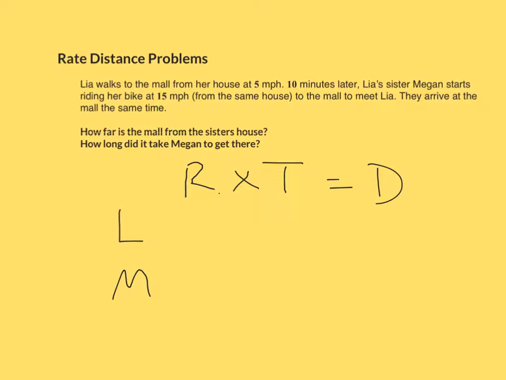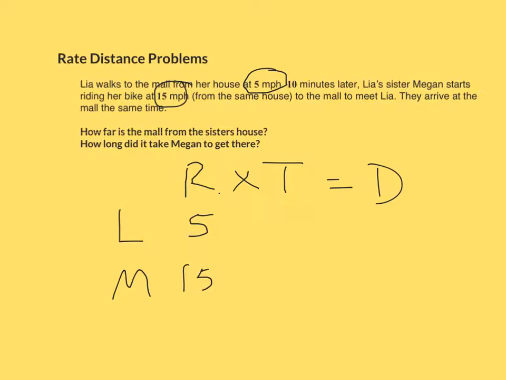Leah's rate is 5 miles per hour, and Megan's rate is 15 miles per hour. Now, you might think you could just average that, but that's not true, because there's more Leah time than there is Megan time.